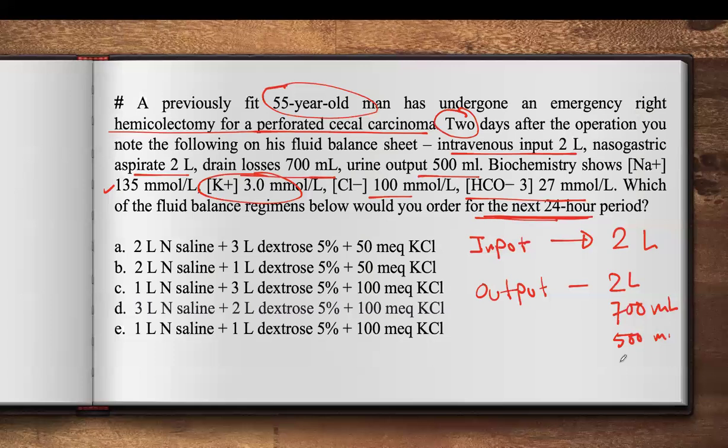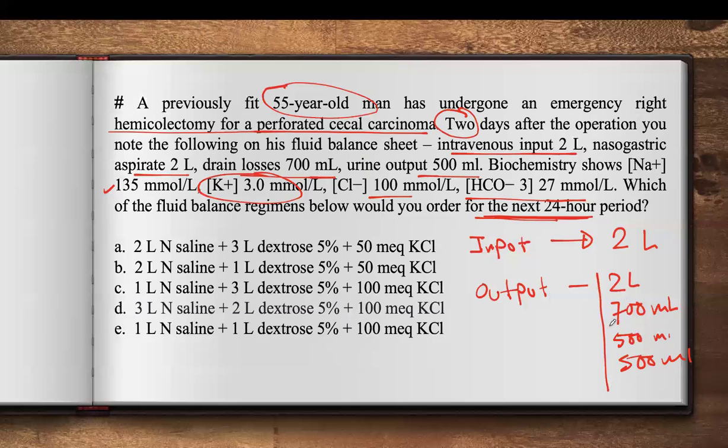Insensible loss means loss of fluid that you can't actually see, from the skin, or if the patient has diarrhea, with stool they lose water, and sometimes even through the lungs, through breathing, they lose water. So that total 500 ml is called insensible loss. That is the output.